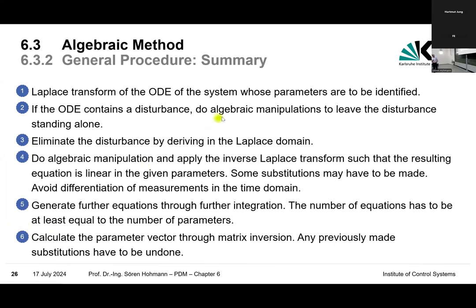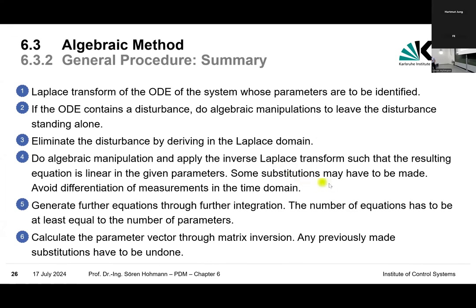The idea is to transform the ODE. Then we try to get rid of disturbances. In particular, constant disturbances can be rejected completely. It's important because we are able to do the derivative with respect to the variable s in the image domain, which is, I think, the first time you use this kind of Laplace transform formalism.